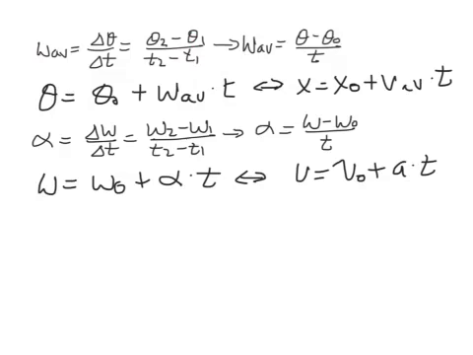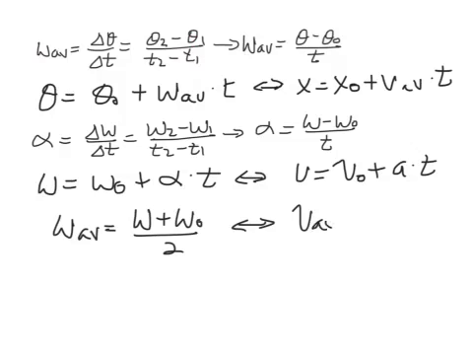So let me draw your attention to one other equation. It's omega average is equal to the final omega plus the initial omega divided by 2. It's the same equation that we used for translation, where we said v average is equal to the final velocity plus the initial velocity divided by 2.